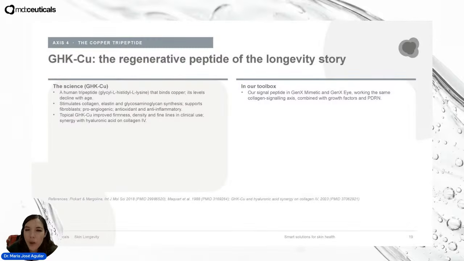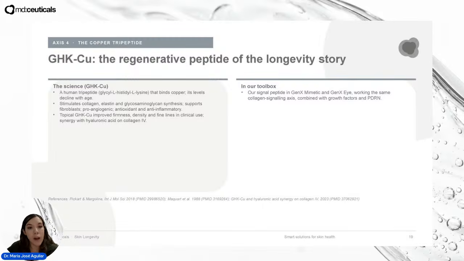But maybe one of the most popular growth factors is the tripeptide, the copper tripeptide, that is going to give us more stimulation of the collagen, more support to the fibroblasts, and make these pro-angiogenic factors develop more of this natural process of longevity.